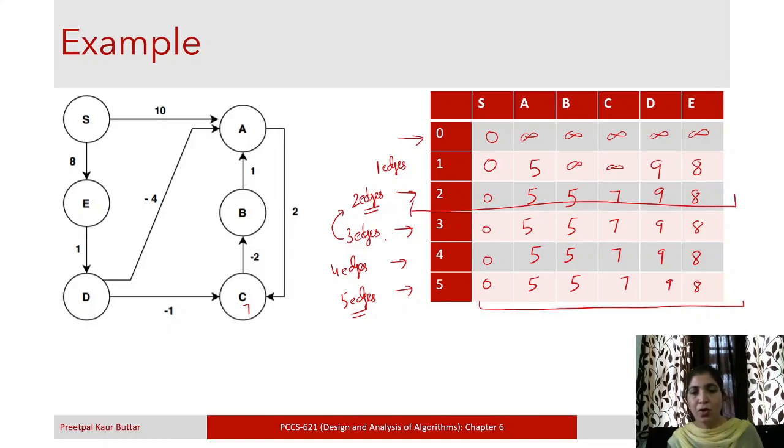There were no updations in the third, fourth, or fifth iteration. So obviously there will be no updation in this particular graph in the sixth iteration also. And these are the minimum cost weights for reaching from S to A, S to B, S to C, S to D, and S to E.